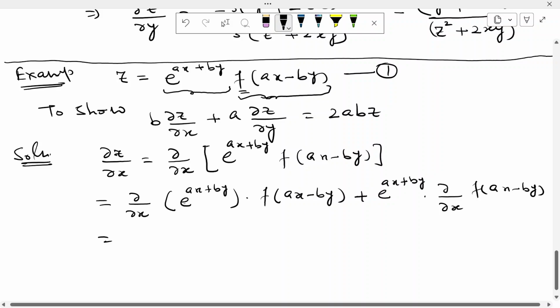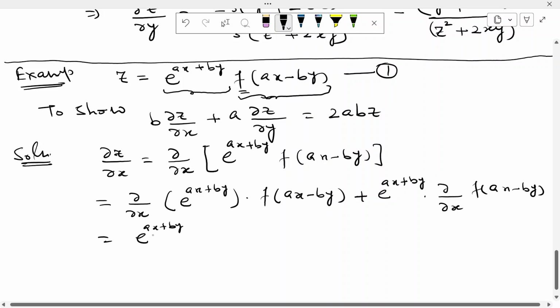So first we need to differentiate this exponential. So this is e to the power ax plus by as it is. Now next we have to differentiate this, because this is the case of function of function, meaning this is the exponential function, and in the exponent we have another function.